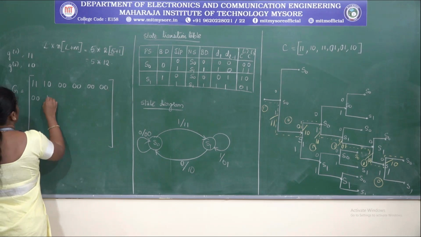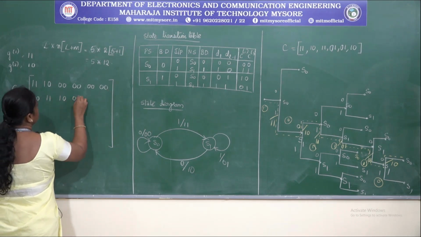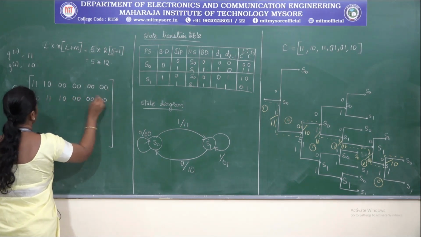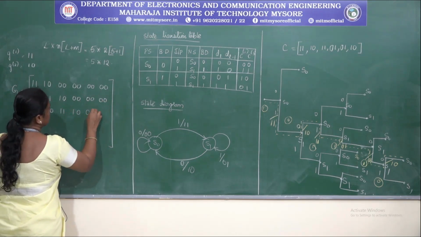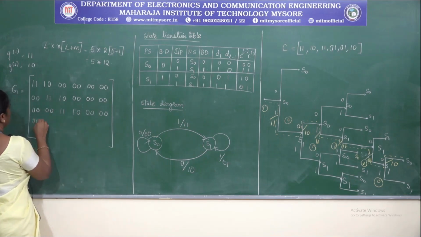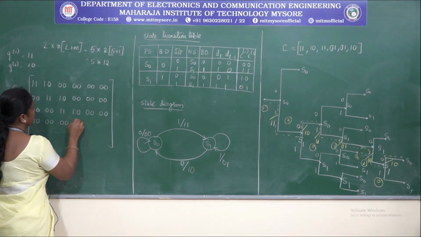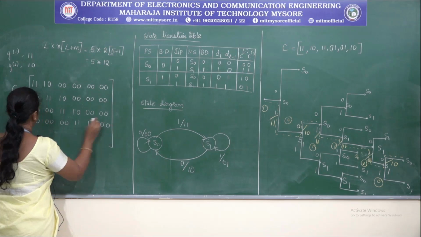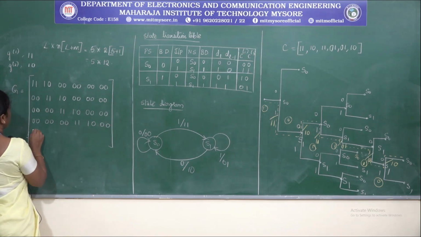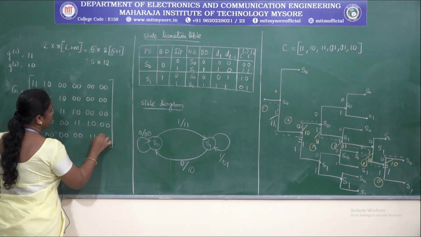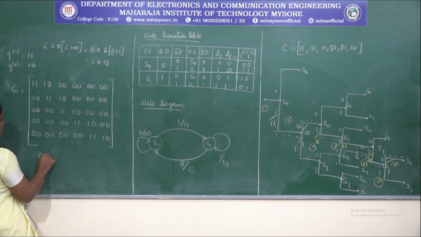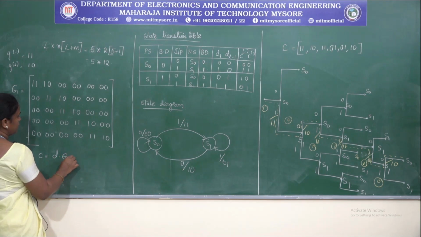So 0, 0, 1, 1, 1, 0, 0, 0, then 0, 0, 0, 0, 1, 1, 1, 0, 0, 0, then 0, 0, 0, 1, 1 and 1, 0.